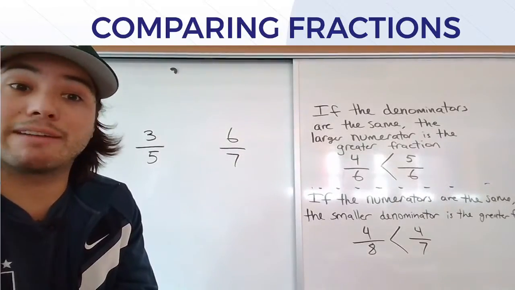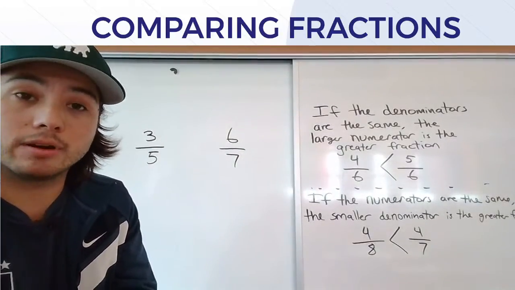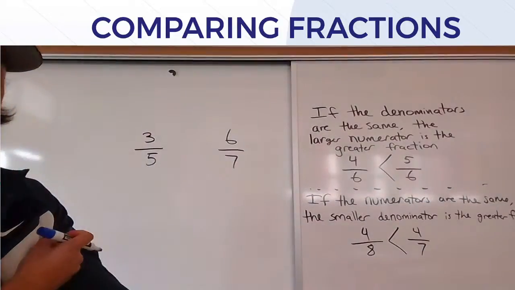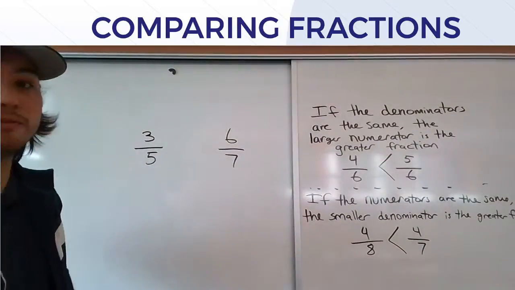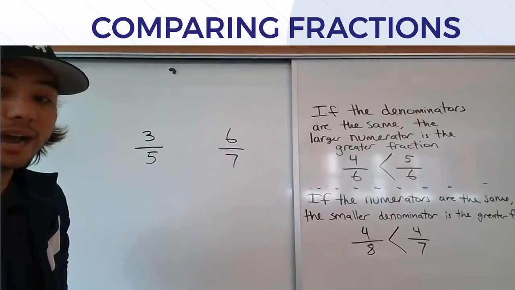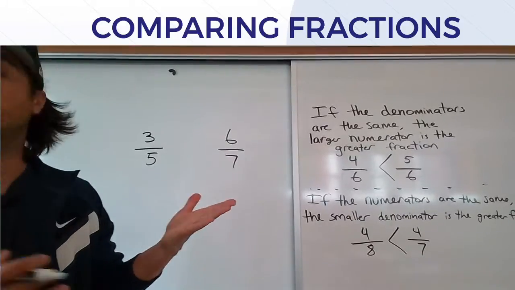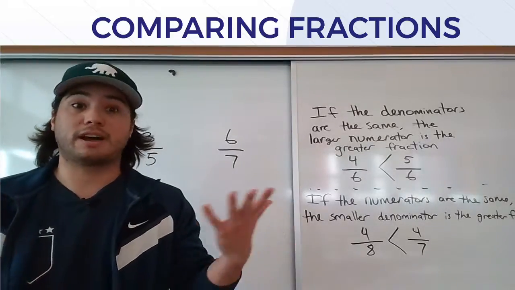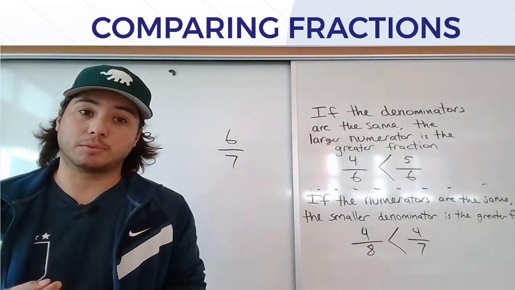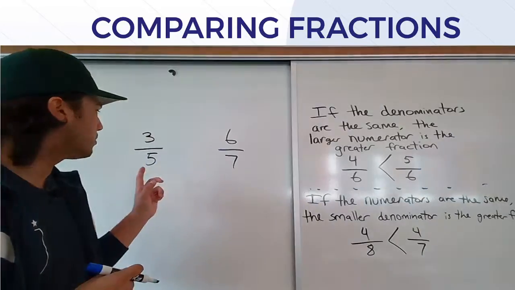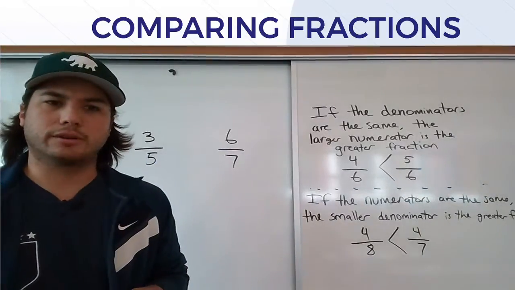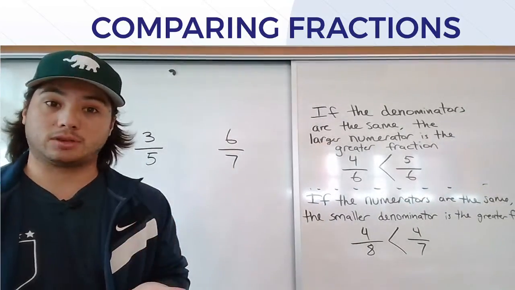But remember, we have our secret weapon. We have our equivalence of 1. If I multiply or divide either of these fractions by an equivalent of 1, 2 halves, 3/3, 4/4, 5/5, etc., till the cows come home, I can change this fraction without changing its value.